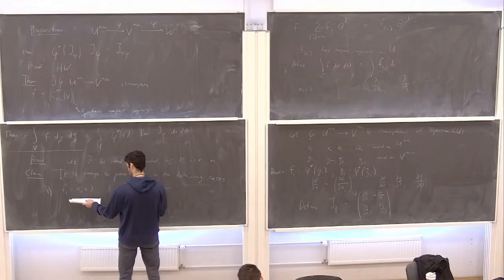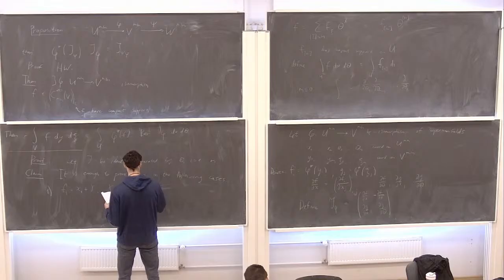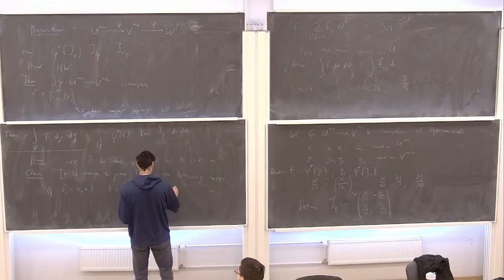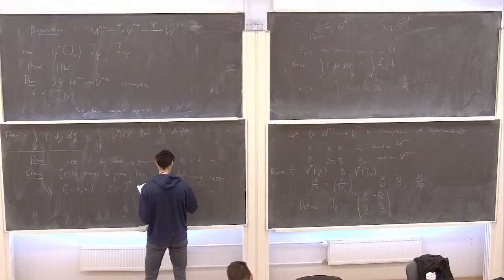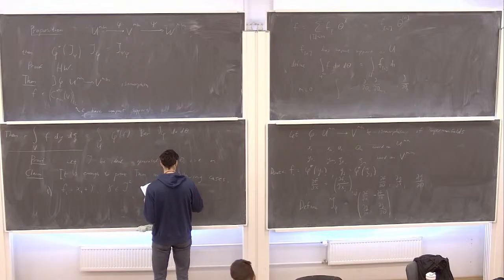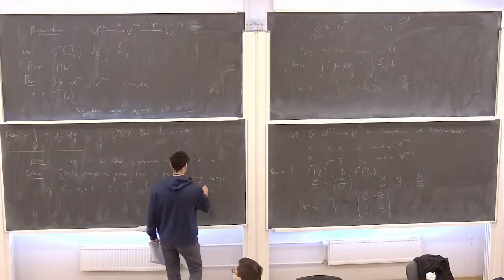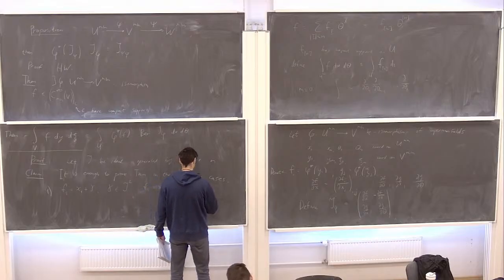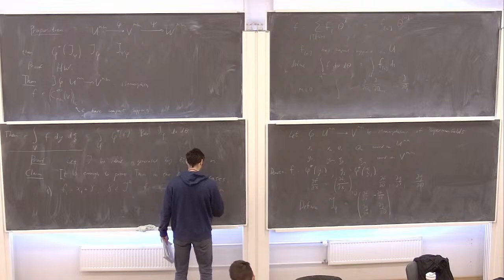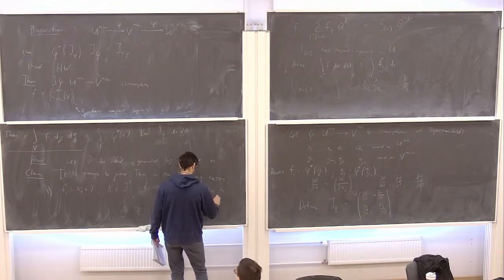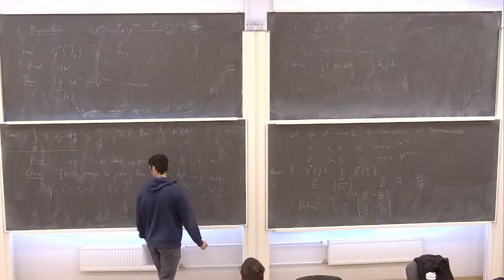And the rest of the f_i's are just x_i, and the rest of the g_j's are just theta_j, for i from 2 to m, and for j from 1 to n. So this is case number 1.